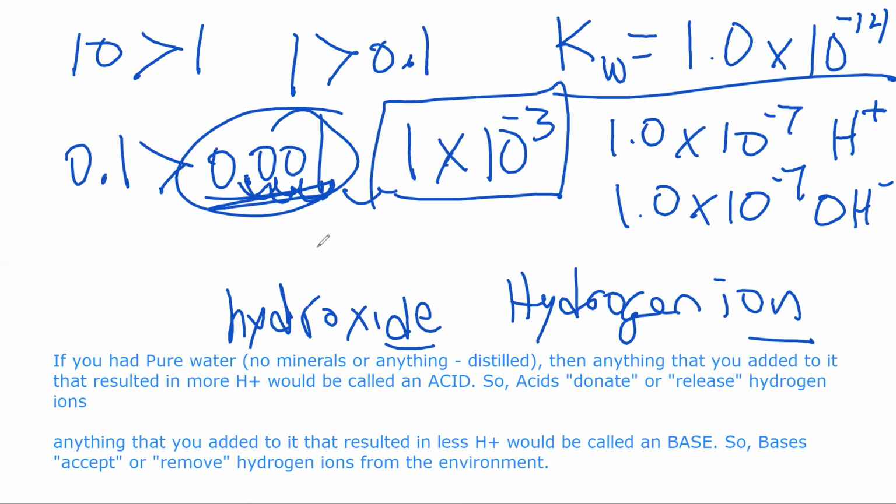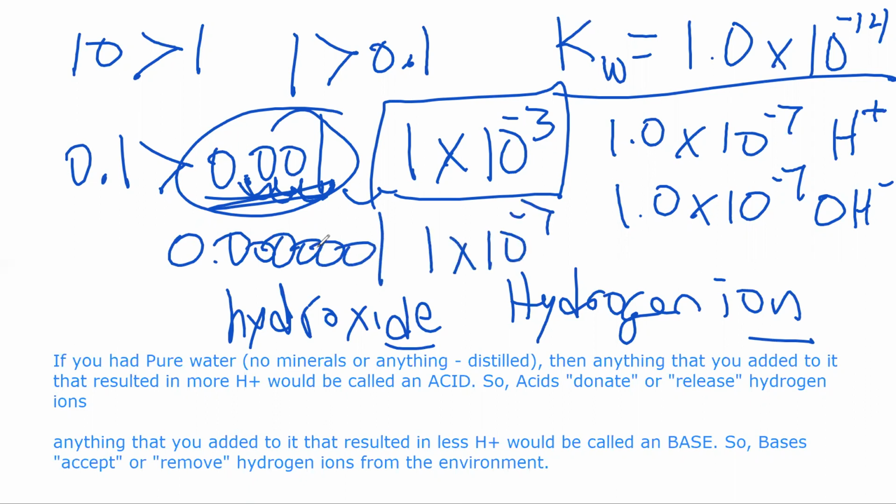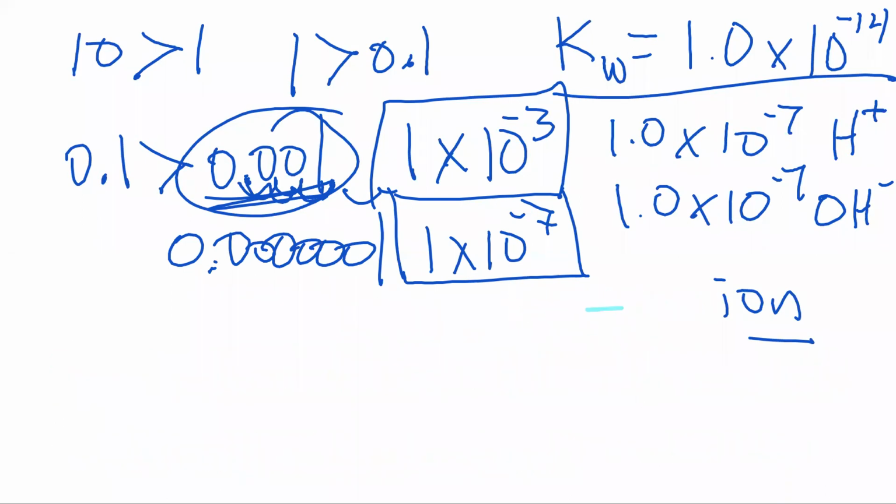So think about that. 1, 2, 3, 4, 5, 6, 7 is 1 times 10 to the -7, because you have to go back 7 times to the left to get the actual number, okay? So what would 1 times 10 to the -14 look like? Yep, you would have 14 zeros, or at least 13 zeros in front of that.